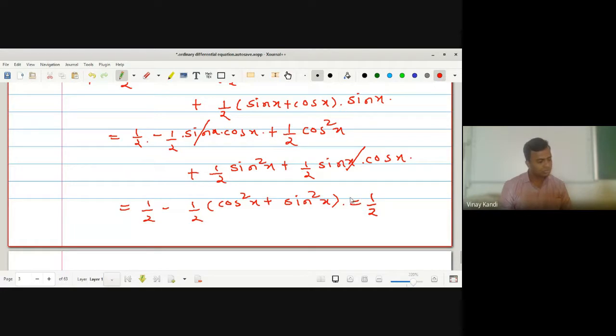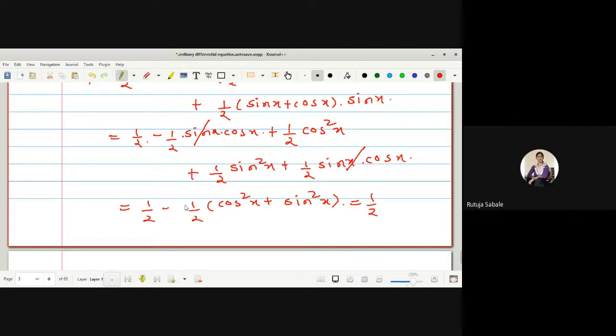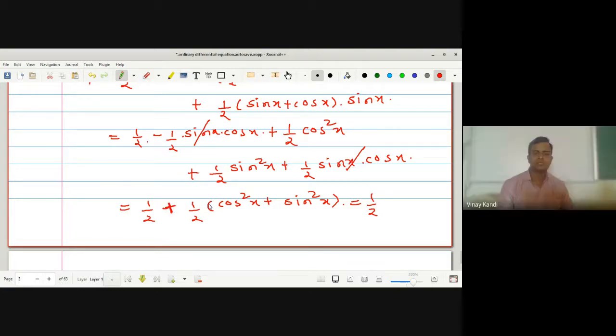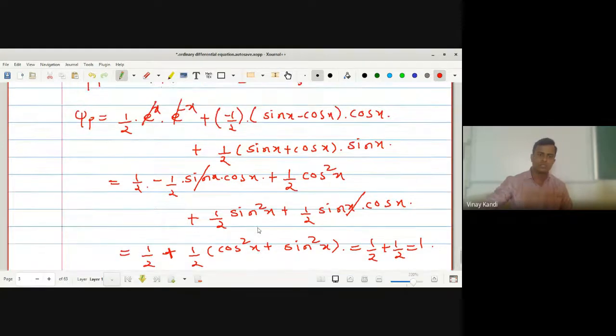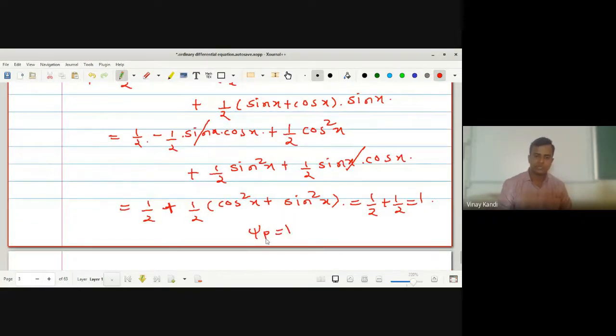Sorry, wait. Plus, the minus, the plus, right, here? Plus, sir. Plus 1 by 2 plus 1 by 2, which is equal to 1. So psi p is what? Sorry, 1. psi p is 1, very good.